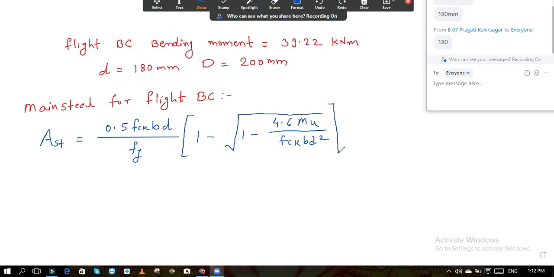This is the formula. So put the values into the formula and let me know the area of steel, Ast.